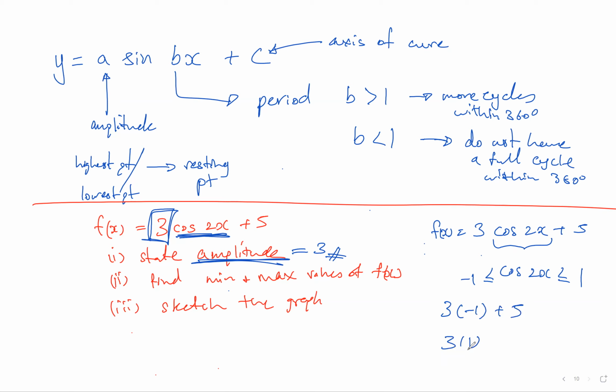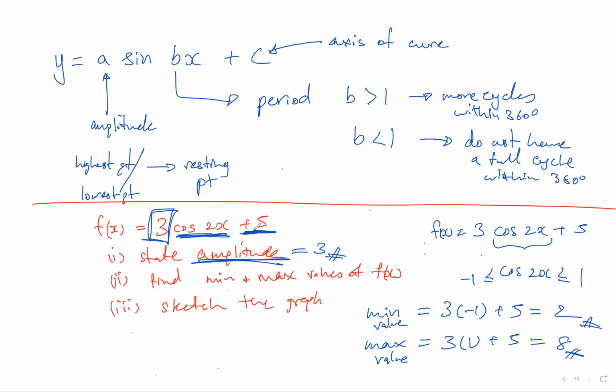Another one is 3 times 1 plus 5. So over here you get the maximum value, and here you get the minimum value. So -3 plus 5 is 2, and this one will be 8. This will help you figure out how to draw the curve. And of course, you should know that the middle point is the 5. So from 0, it is now being pushed upwards.